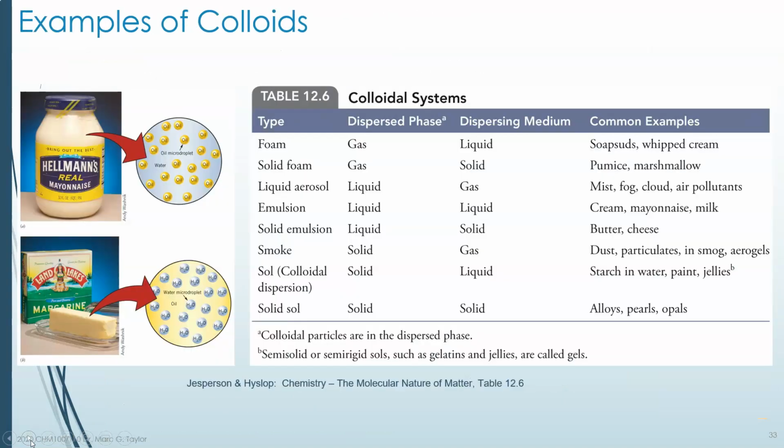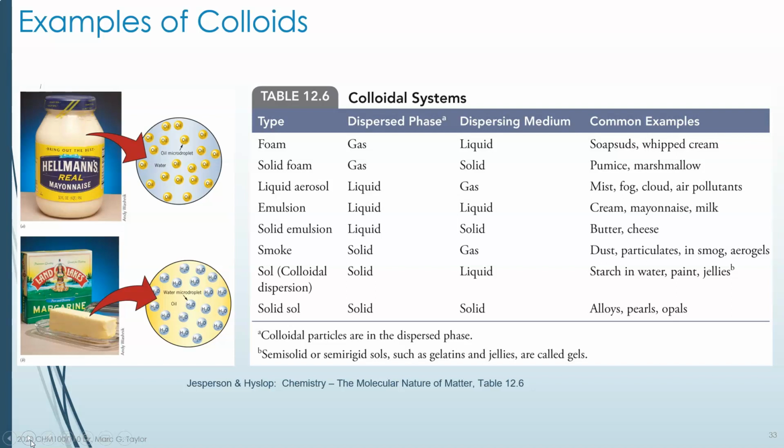So let's look at some examples of colloids. There are many, many examples of colloids that you see in everyday life, and a number of them are actually foods. We have what's called the dispersed phase and the dispersing medium, so the medium will mix the dispersed phase.